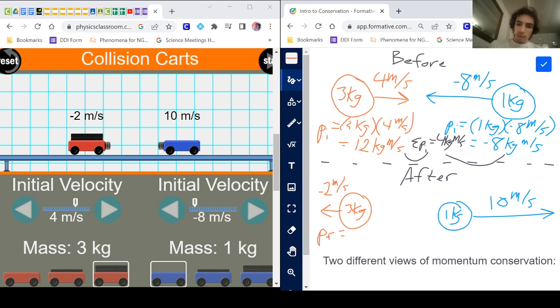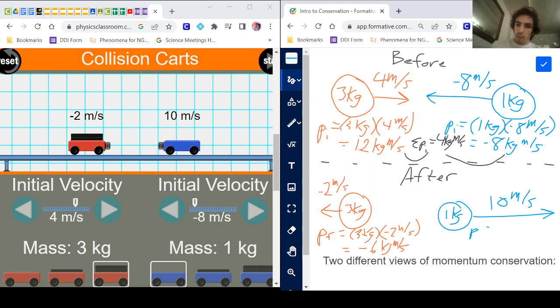Momentum is mass times velocity, same mass of 3 kilograms, now times -2 meters per second, and that'll get us -6 kilogram meters per second. And then we'll do the same thing for the blue one.